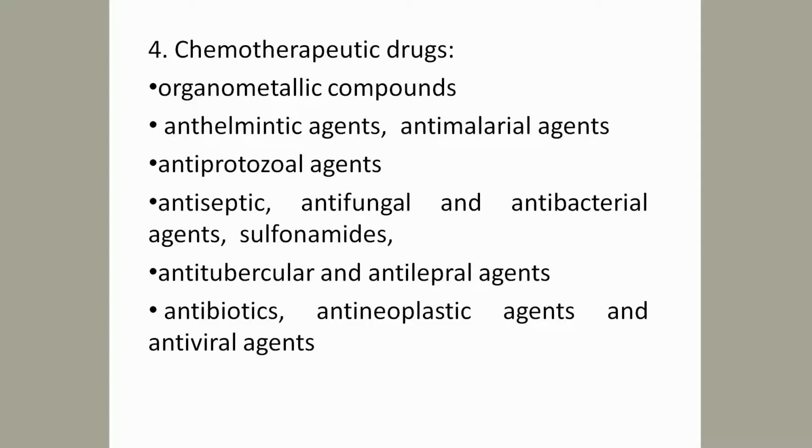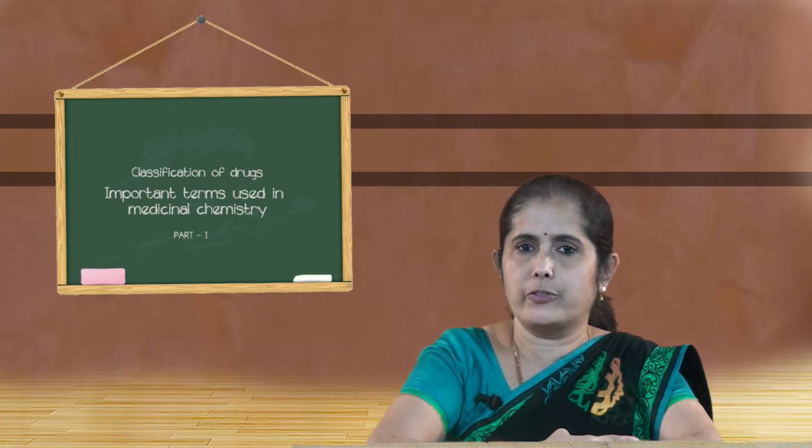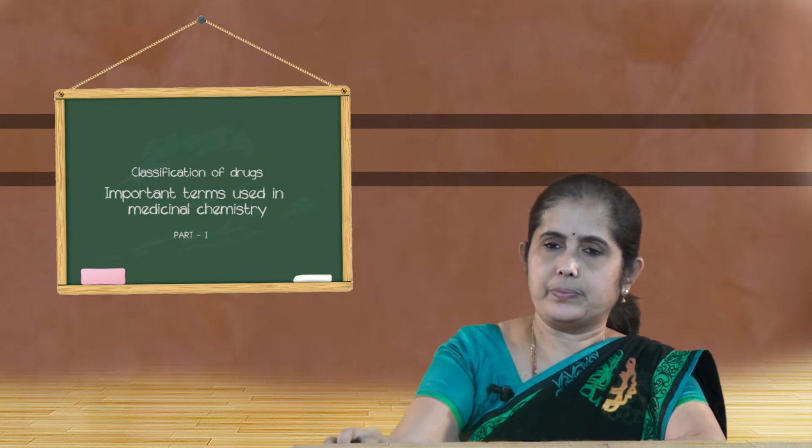Anthelmintic agents are given for worms. Also anti-malarial agents, anti-protozoal agents, antiseptic, antifungal and antibacterial agents. Sulfonamides also come under chemotherapeutic drugs. Next, antitubercular, anti-leprosal agents, antibiotics, anti-neoplastic and antiviral agents. Anti-neoplastic agents are given to patients suffering from cancer.